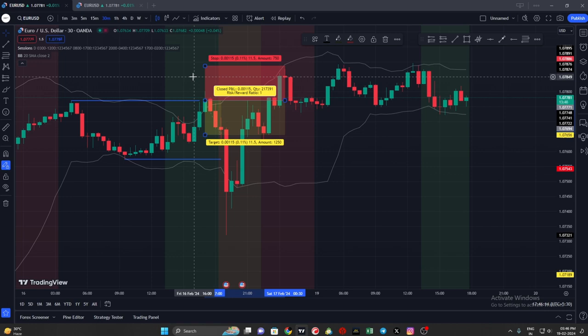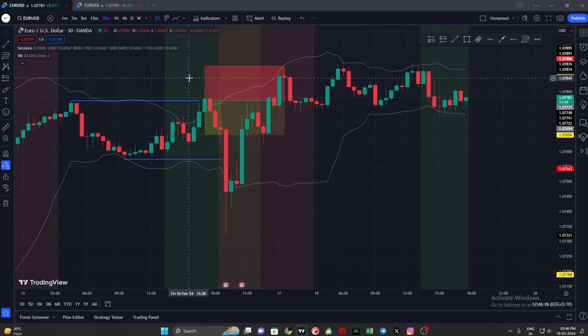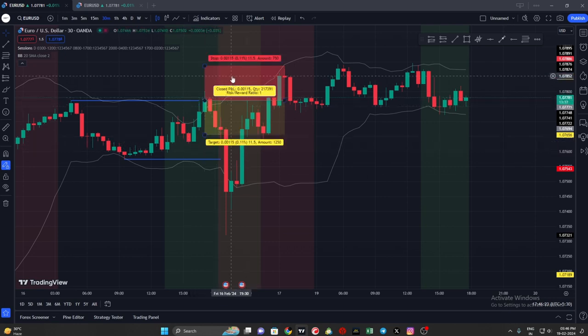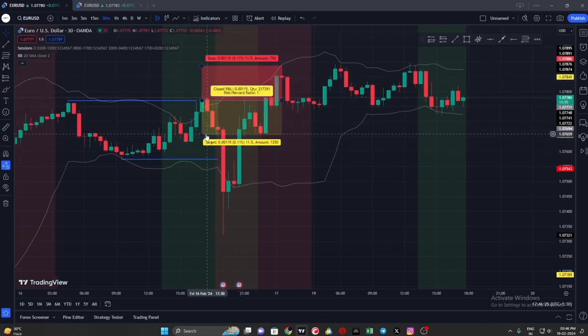Now comes where our SL and TP will be. Our SL will be calculated as per our TP. For example, if our TP is 10 pips, then our SL will be 10 pips. So it's a 1:1 trading strategy. The lower the risk reward you have, the more accuracy you have.